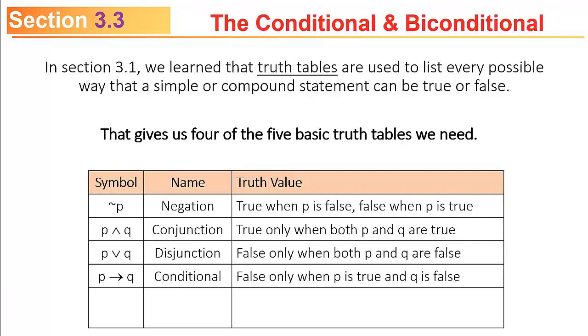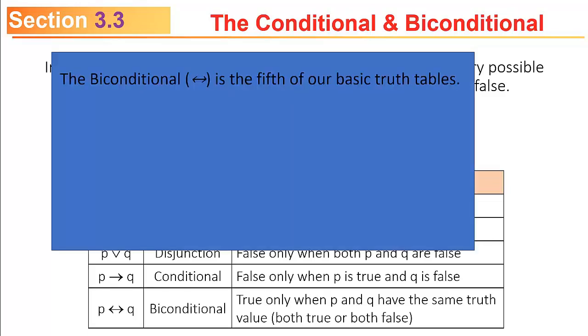Now we're up to 4 of the 5 basic truth tables we will need to complete our study of logic. We started out with the conjunction and disjunction in section 2. We added the negation. Now we're adding the conditional. The 5th one is called the biconditional. Notice that the conditional is an arrow pointing to the right.